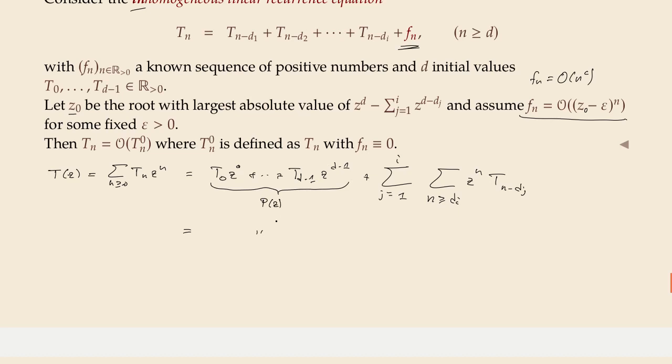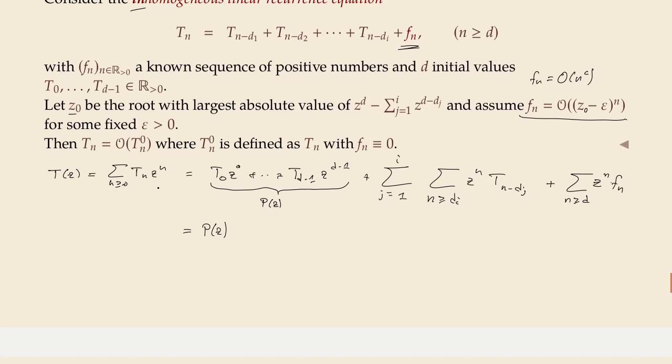Let's just give it a name. And the new part, f.